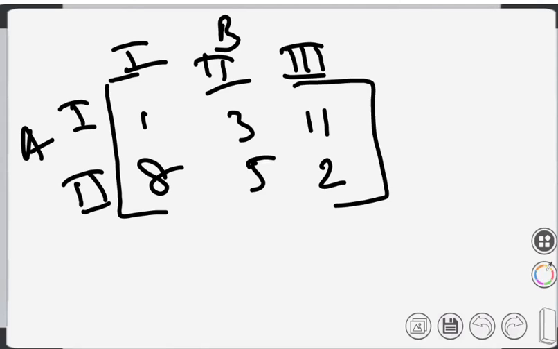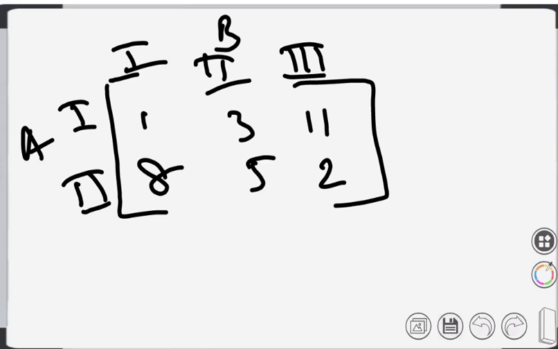To solve the game means you have to find the optimum strategy of player A as well as the optimum strategy of player B, and then find the value of the game. Value of the game means the amount of money that will be exchanged from player A to B or B to A.